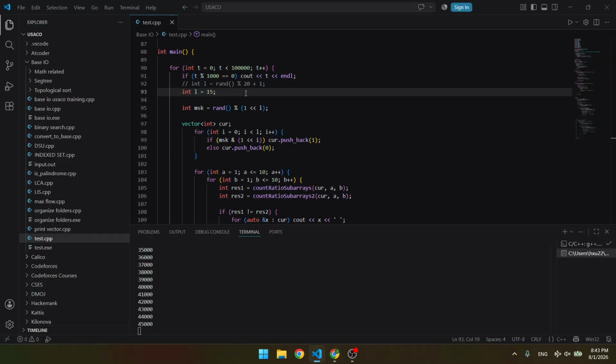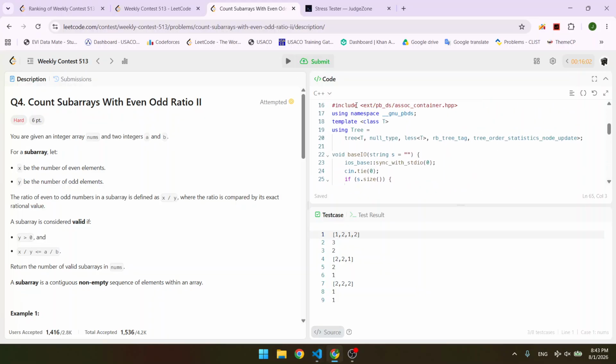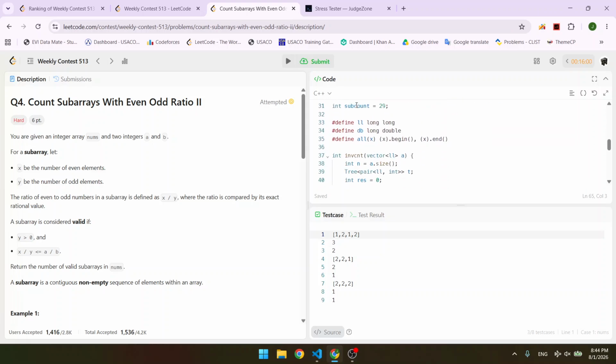I don't know where my solution is wrong. I think it's correct.